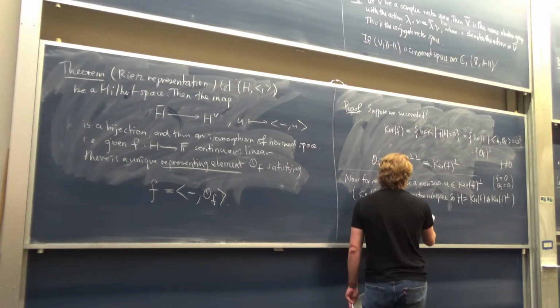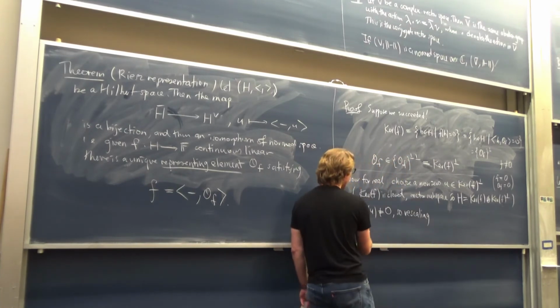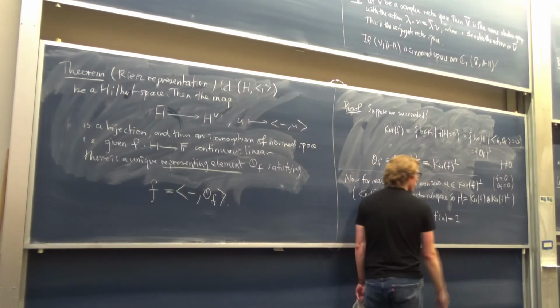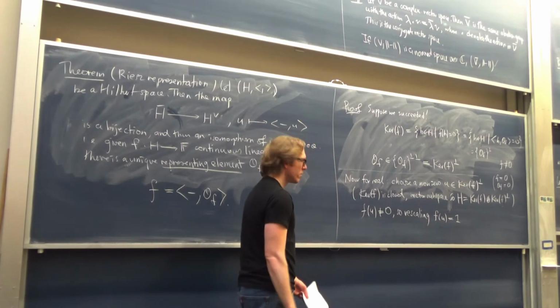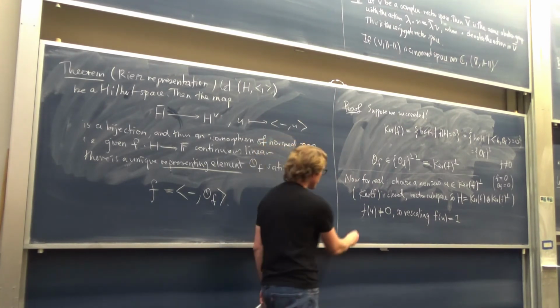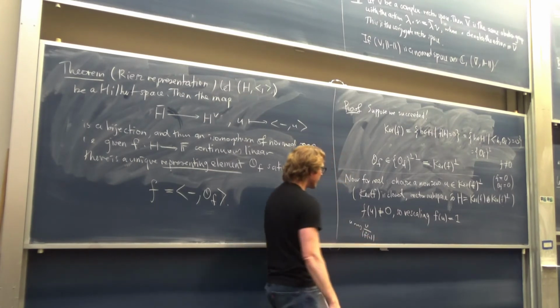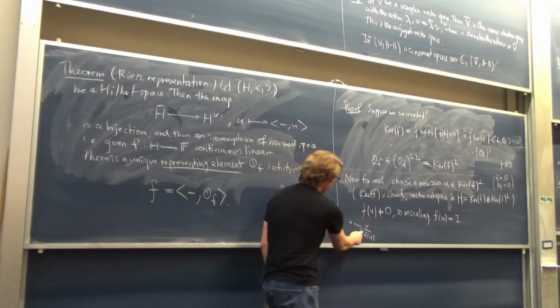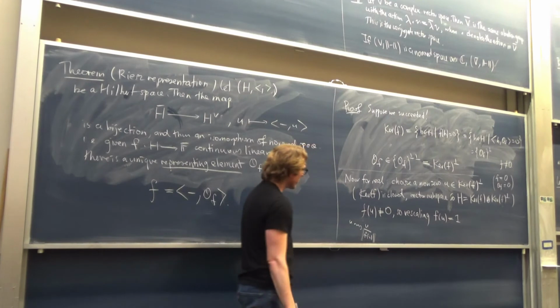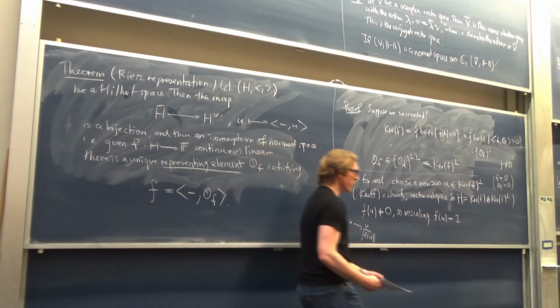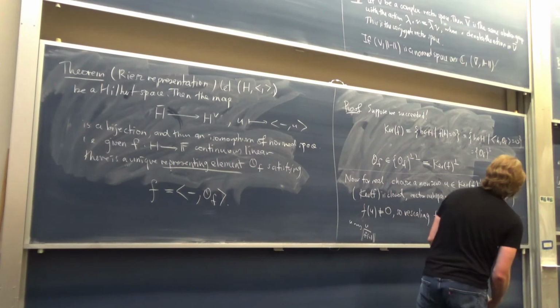So just dividing by the absolute value of f of u, I can arrange for f of u to be equal to 1. Just replace u by this, by linearity. That gets into 1, and it's still non-zero. Okay, so I might as well assume from the beginning that f of u is equal to 1.